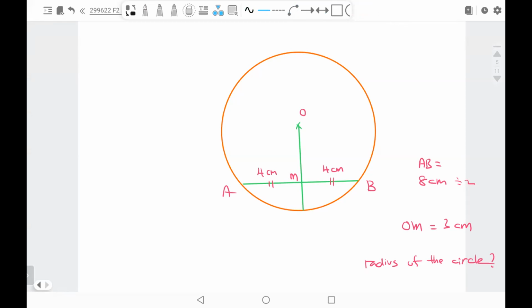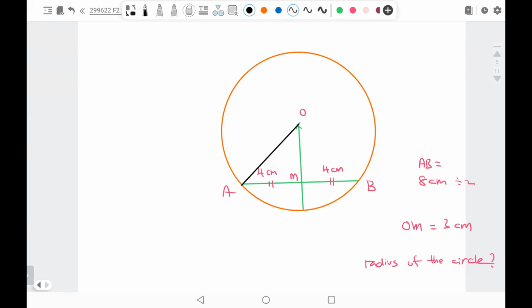So where is the radius, guys? Rachel and Joe, do you know what the radius of this circle is? A to O, yes, A to O, O to B also radius. You're right. So we join the two dots, become a line. A to O is radius. Just now we mentioned perpendicular.